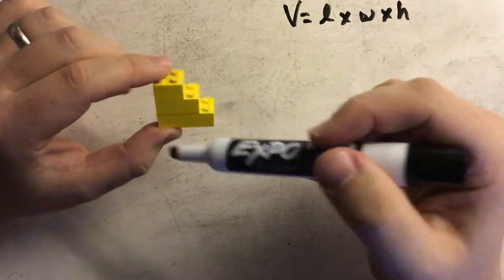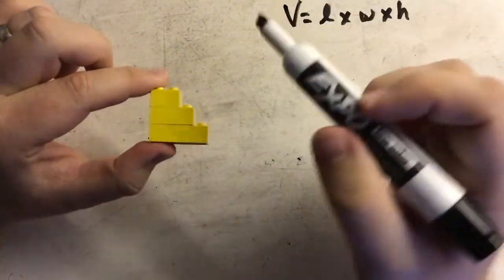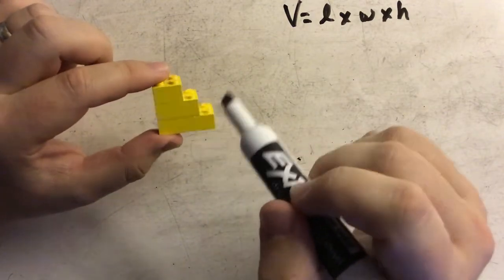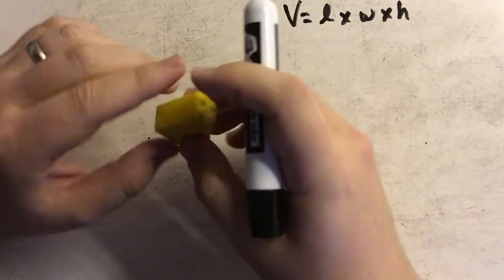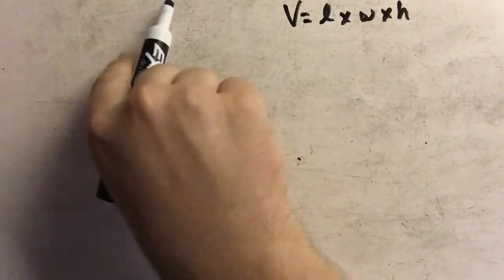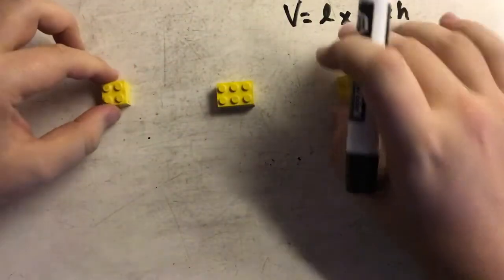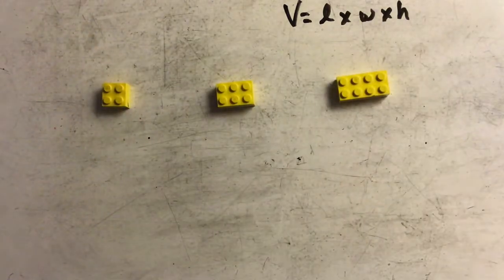Looking at this figure, I can see that it's made up of three different rectangular prisms. If I break this apart, I want to find the volume for each prism individually.